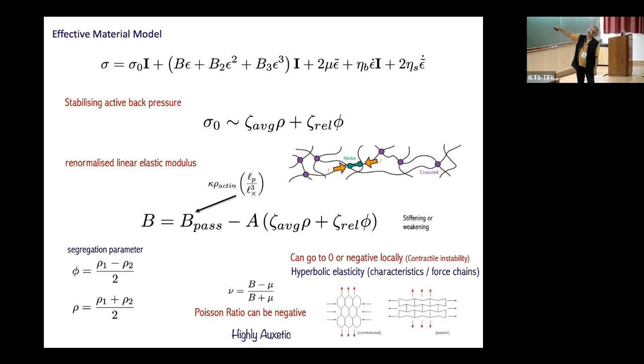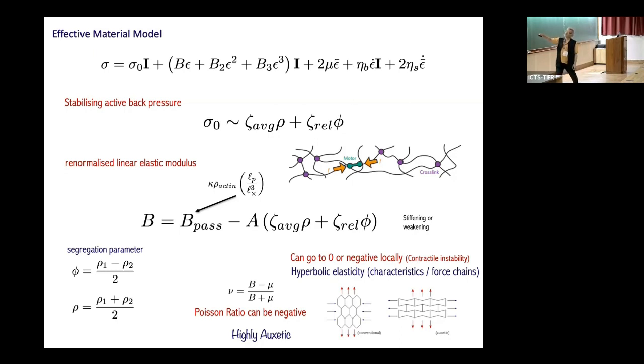The back pressure sigma 0 is local because rho and phi are local. So you get an active contribution to the back pressure. You also get a renormalized elastic modulus, the coefficient of the linear term. This is the bare elastic part, the linear elasticity theory, and that gets reduced by this extra term.